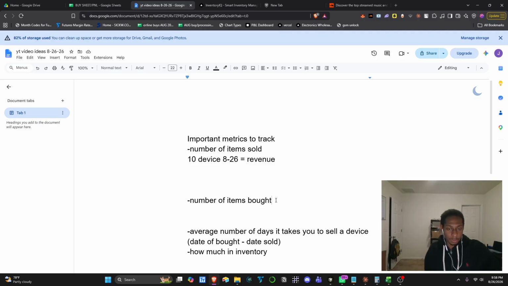So your number of items bought is important. You want to track how many items you're buying, and it's going to directly correlate to how much your revenue is. So all of these metrics kind of align with each other. It's important to track.